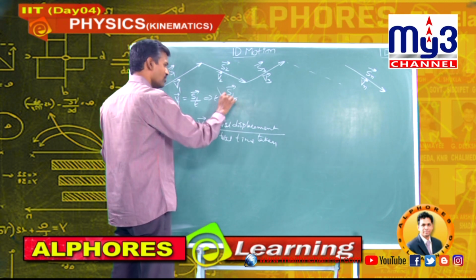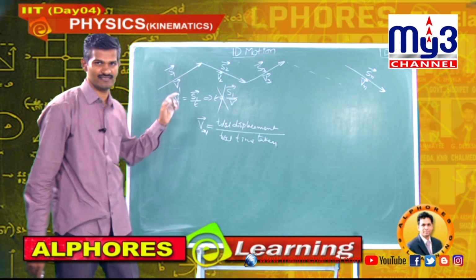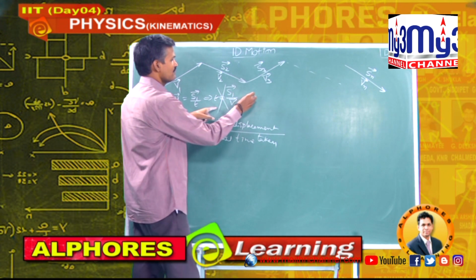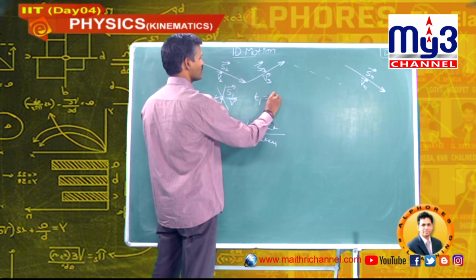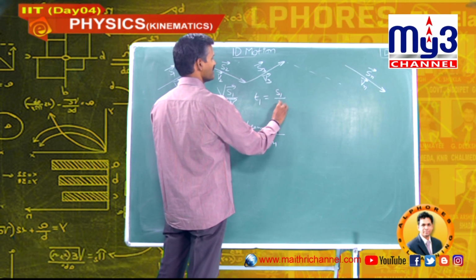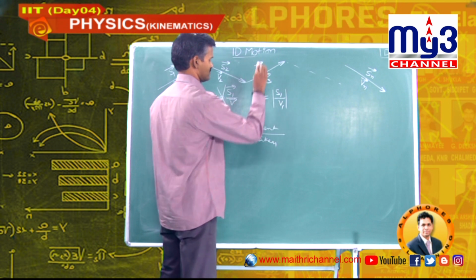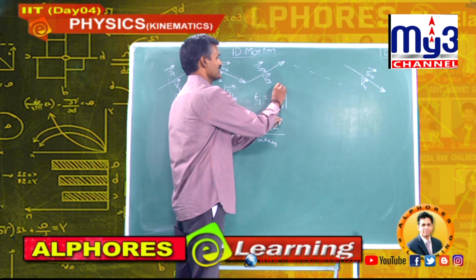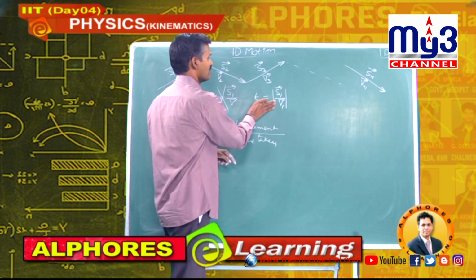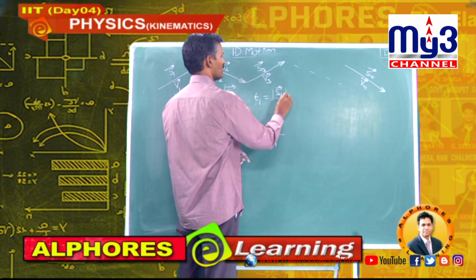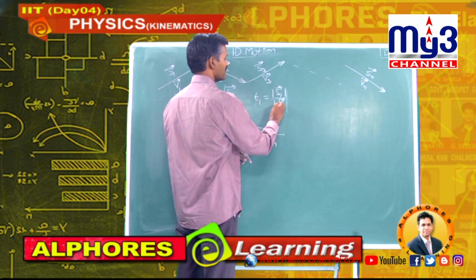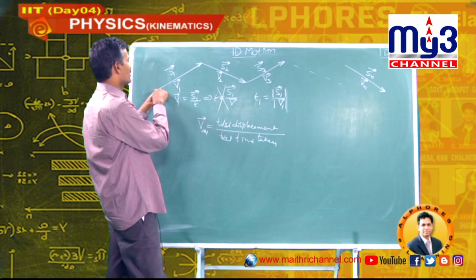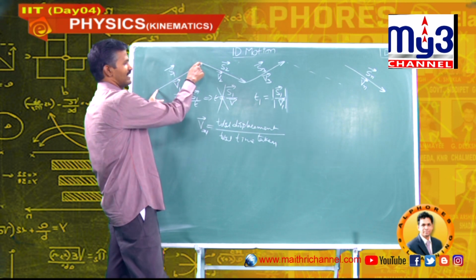Actually, there is no division for vectors. So, how to calculate the time? We have to calculate T1 is equal to mod S1 bar by mod V1 bar. This gives the time taken by the body for this S1 displacement.